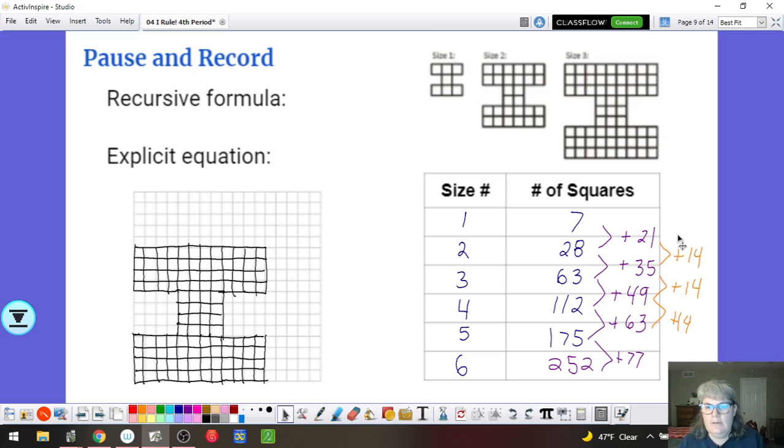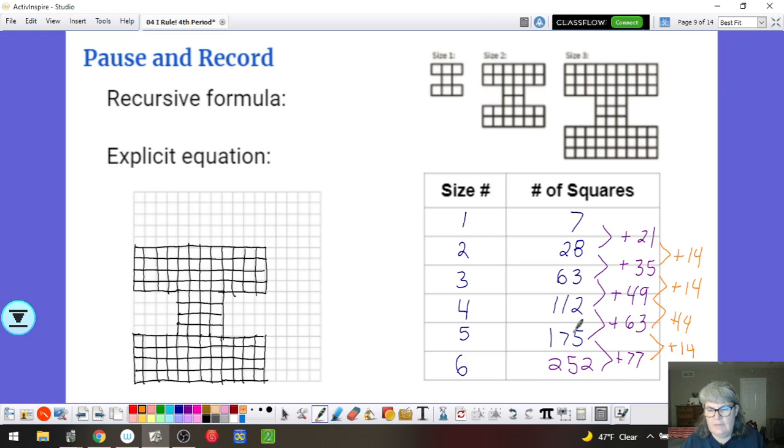So to find how many would be in size 5, I need to add 14 to 49, and that gives me 63. And when I add 63 to 112, I have 175. And then to find the next one, I have to add 14 to the 63, and that's how we get 77.